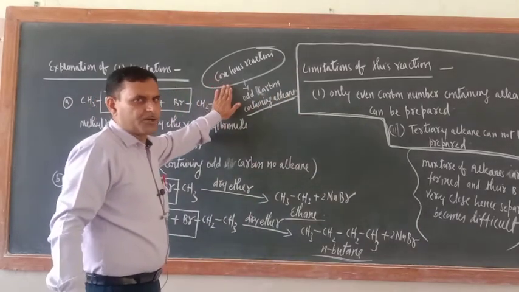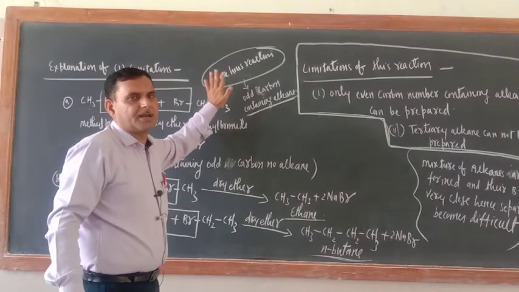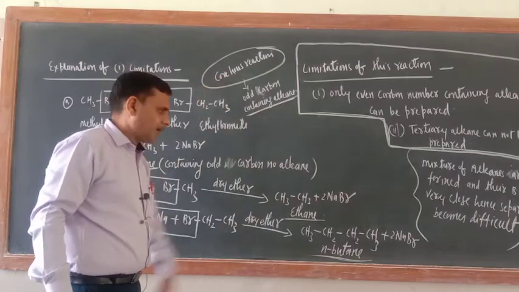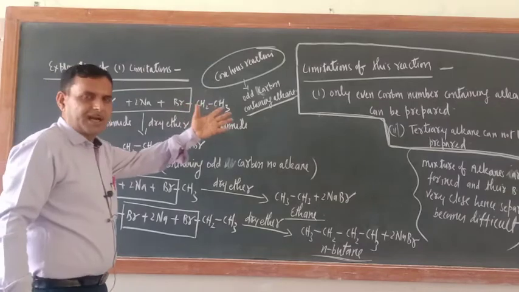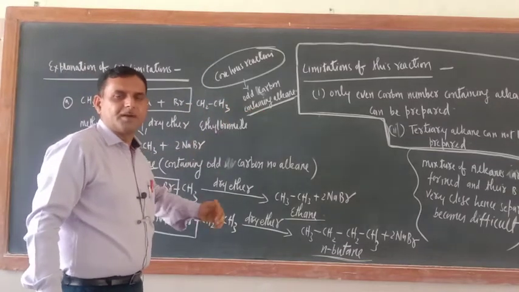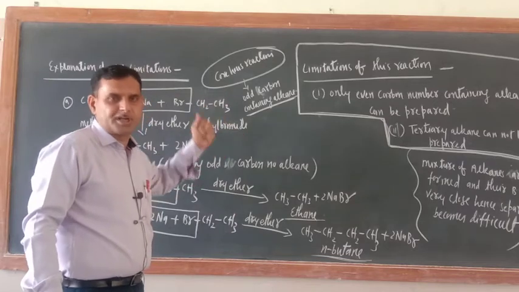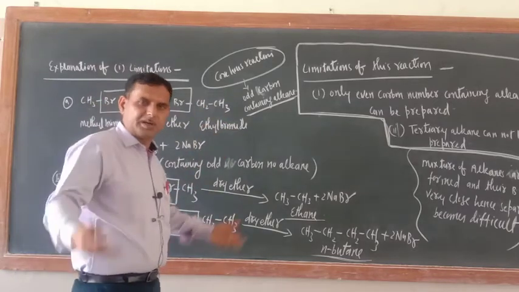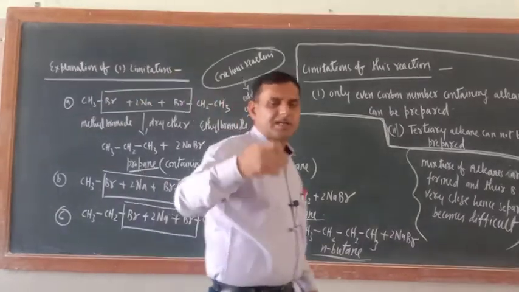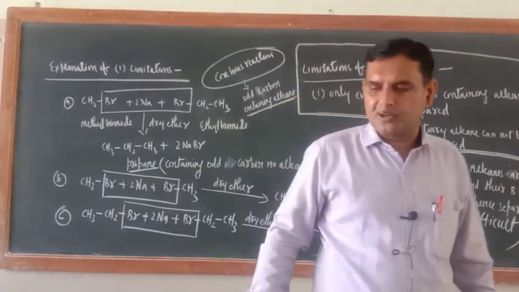But this is not in your syllabus, I told you the name just for the sake of it. Okay, remember this one also. So this is the explanation of the first problem, why we cannot prepare unsymmetrical alkanes by Wurtz reaction. We get a mixture of alkanes and their boiling points are very close.